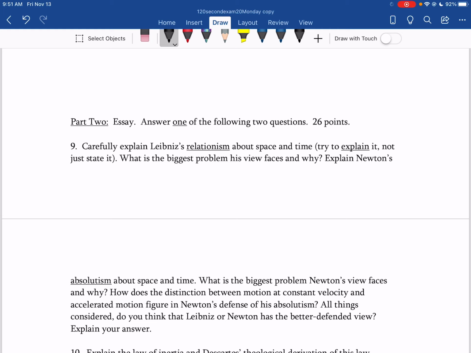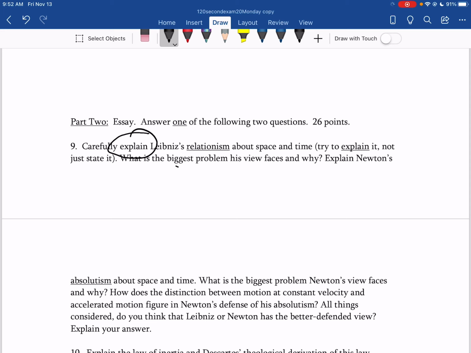Time consists of temporal relations like preceding, succeeding, and being simultaneous with. So just as we don't want to thingify convenience in a convenience store, it's not a noun, it's like an adverb. Space and time are relations that things bear to one another, not things. That's roughly what I mean by explaining the view, not just sort of quoting some formulation of it you got.